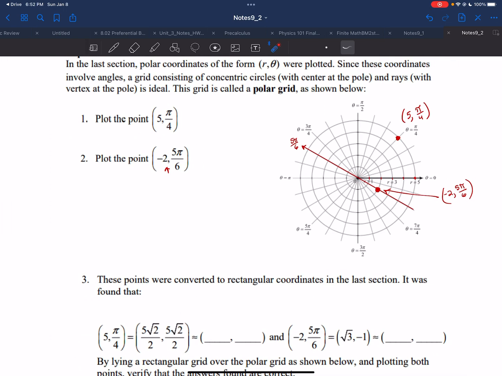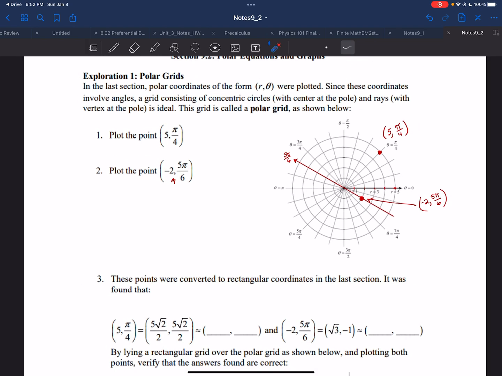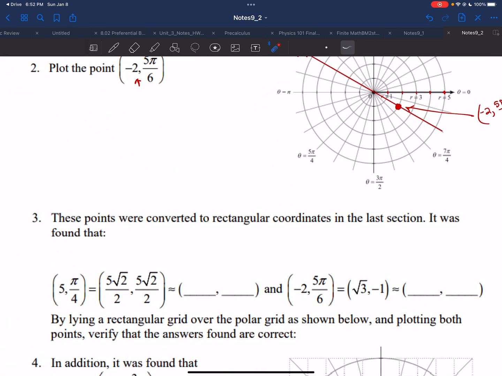So the last time we went through stuff, remember how we had, well, if we do 5 pi over 4, and I believe that we did that as one of our example problems in the last section, I can approximate that in decimal format, right? So 5 root 2 divided by 2 is about 3, oops, let me change to a pen.